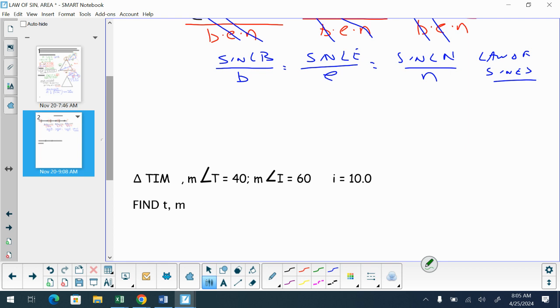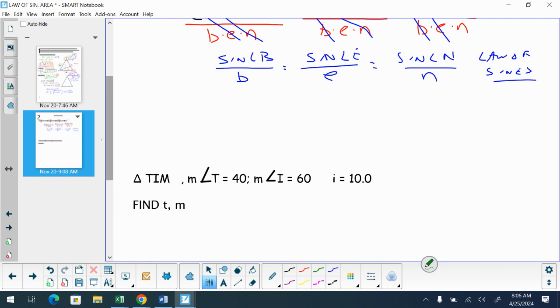It's just a fancy fraction. When we put these fancy fractions equal to each other, we call them ratios that are put in proportion. So for any triangle, the ratio of the sine of an angle to the length of the side opposite will be in proportion. And that's what we have here: sine of angle B over little b has to equal sine of angle E over little e, which has to equal sine of angle N over little n.